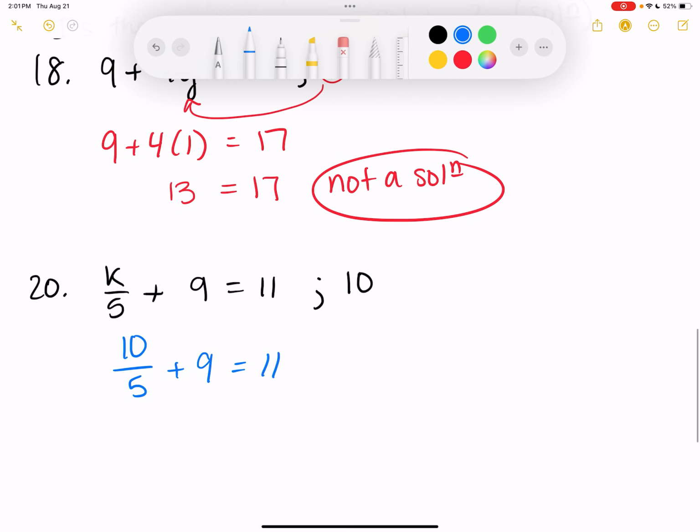Well, what's 10 over 5? 2 plus 9 is 11. 11 equals 11. So is this a solution? Yep. So you can either put a check mark or you can write solution. Just something to show me that you've answered the question of is this a solution or not. Okay.